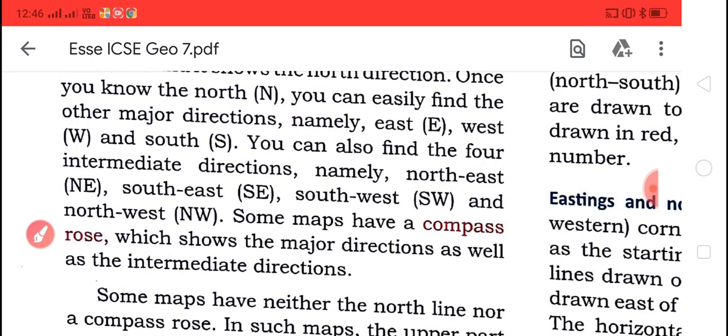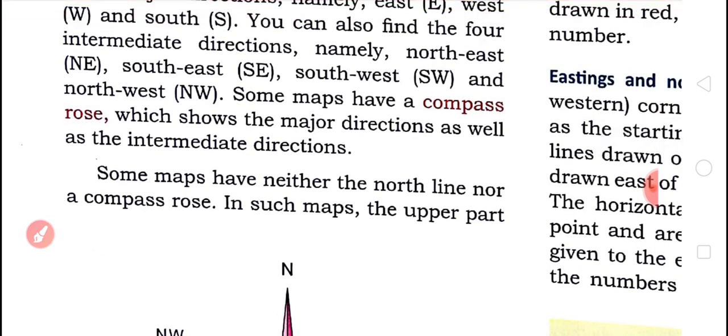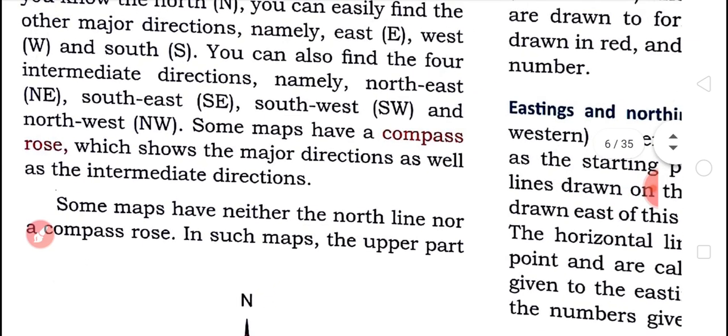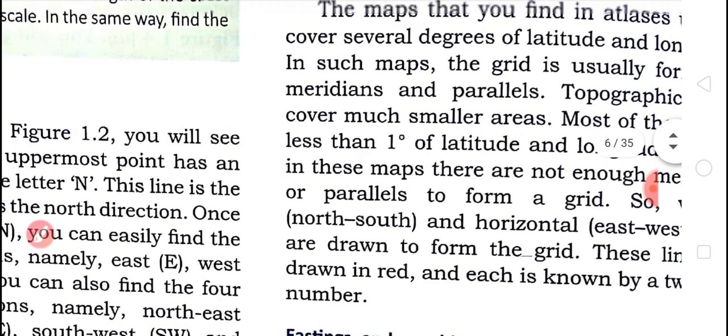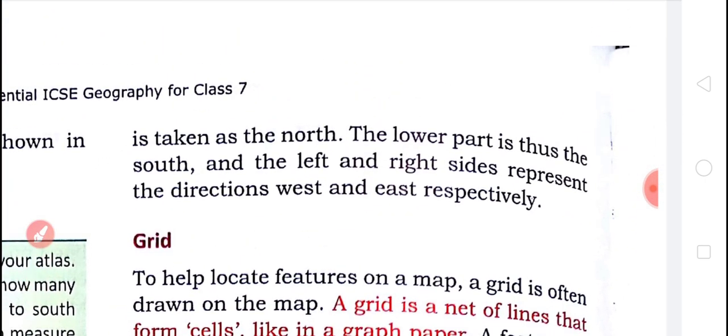Some maps have neither a north line nor a compass rose. In such maps, the upper part is taken as north. The lower part is thus south. The left and right sides represent the directions west and east respectively.